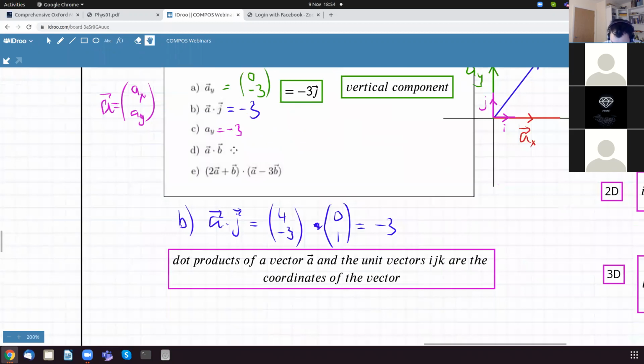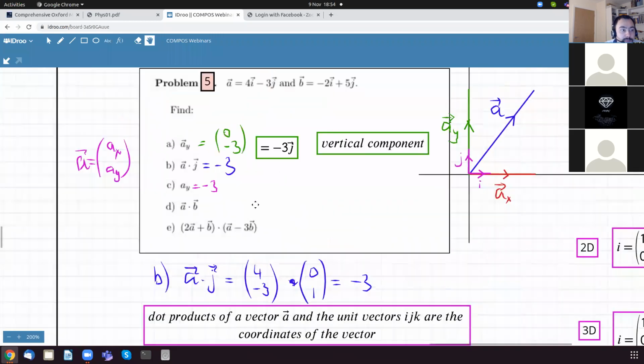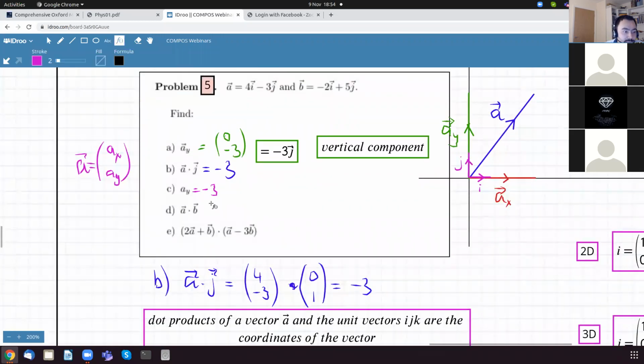A dot product B. Well, this is also quite straightforward. You just use the formula for the dot product.